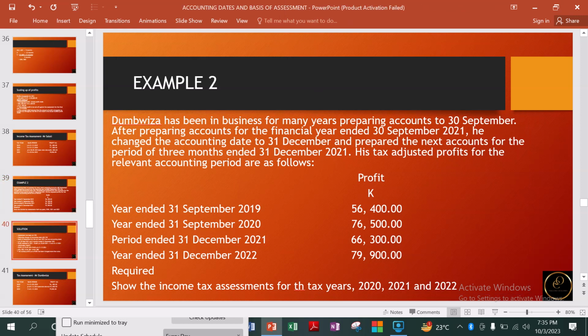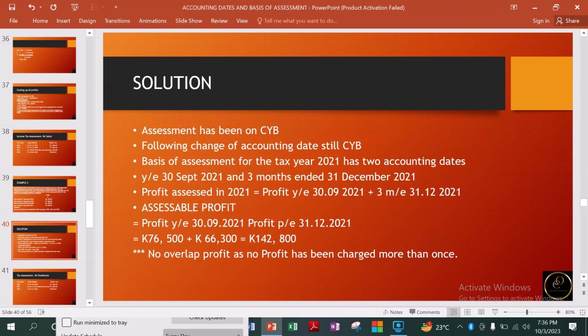So what points do you note from this? Assessment, as I've said, is on current year basis, because the accounting dates are falling between 1st April and 31st December. Now, following the change of accounting date, there is still current year basis, because again the accounting dates are falling between 1st April and 31st December.